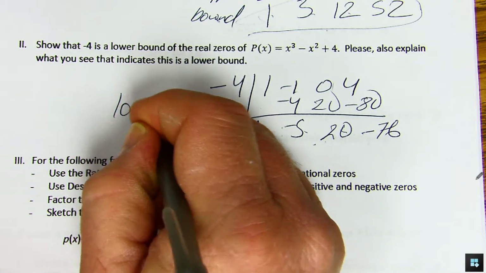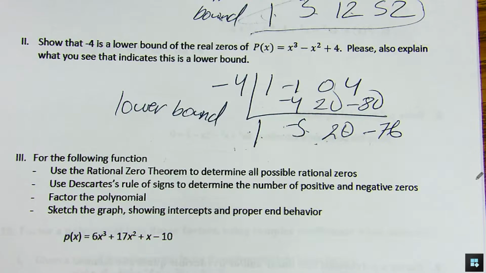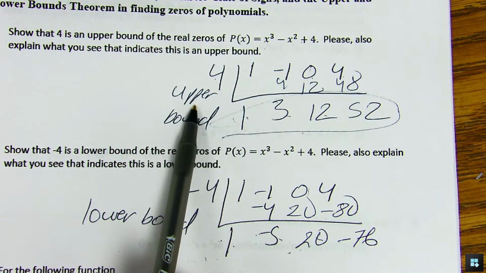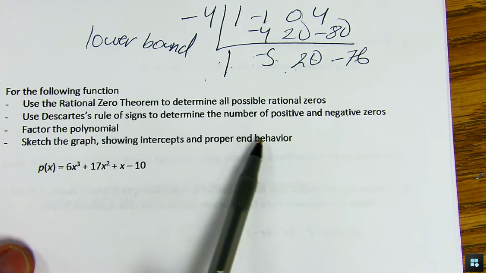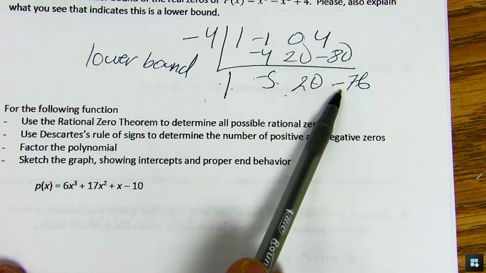Therefore, it is a lower bound. Okay? That's upper bound, lower bound. Again, synthetic division. Upper bound says they're all going to be positive once synthetic division is done. Lower bound, synthetic division, then they're going to alternate positive, negative, positive, negative.